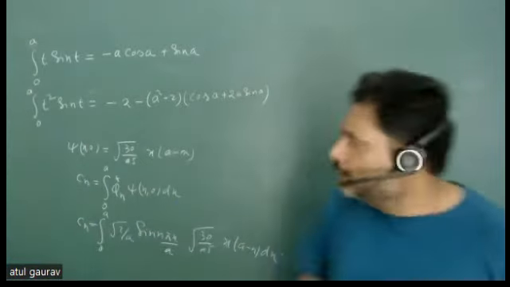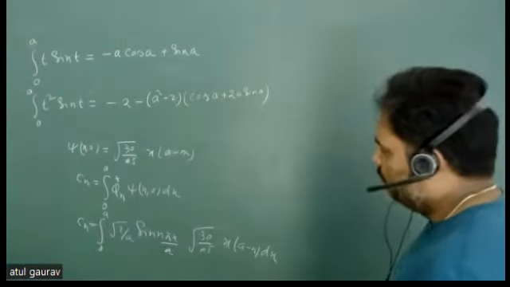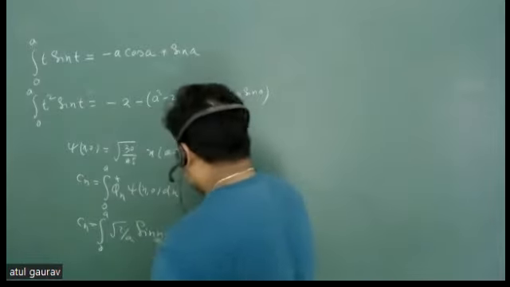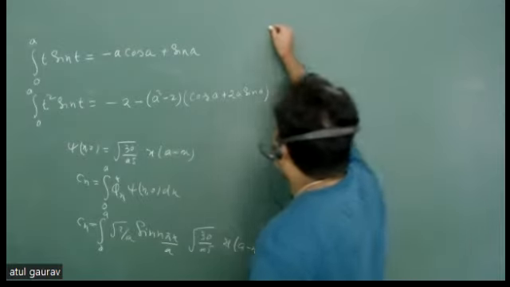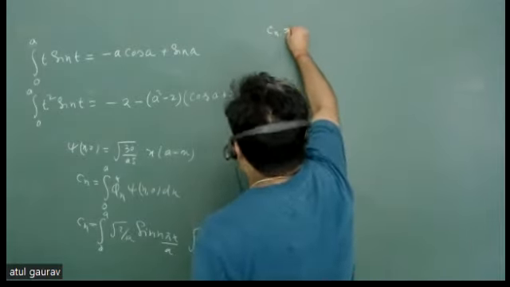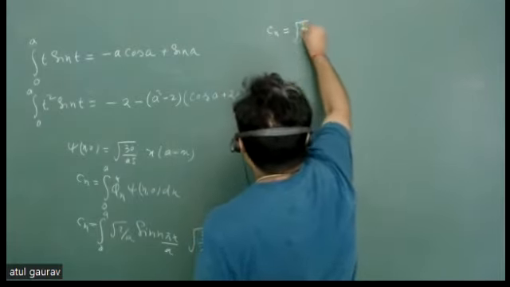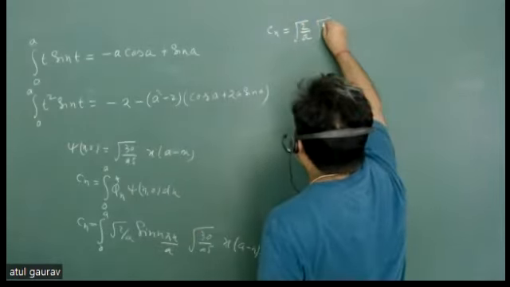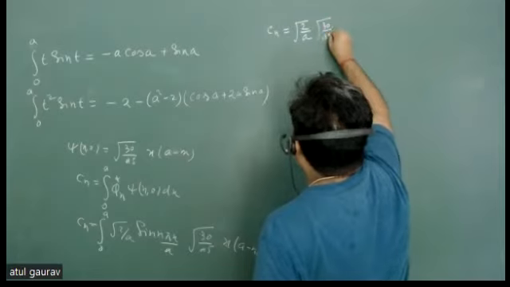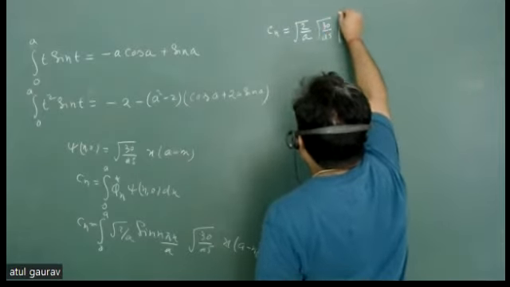When we are going to do this integration, obviously I will keep these numbers outside the integration. Then this Cn is equivalent to root under 2 upon a and root under 30 upon a to the power 5, and we can take it in a bracket.